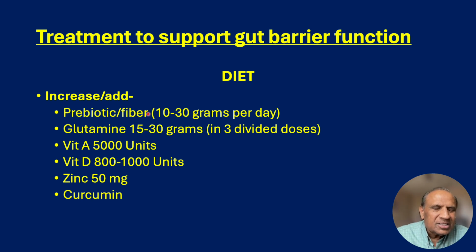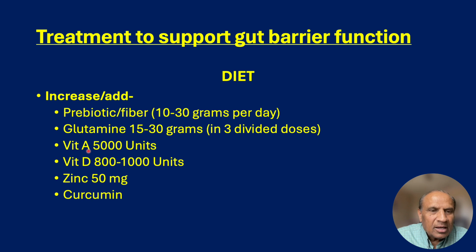Second is to increase glutamine. We looked at glutamine in the protein part, where glutamine helps in maintaining structural integrity of tight junctions and helps in epithelial cell growth of the intestine. Glutamine in the dose of 15 to 30 grams in 3 divided doses may be helpful.